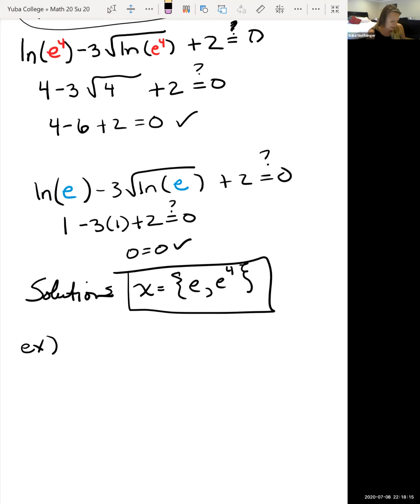So let's say you had 2 raised to the negative x power equals 1.5. Solve each exponential equation, expressing irrational solutions in exact form.